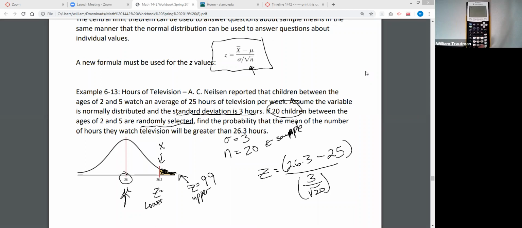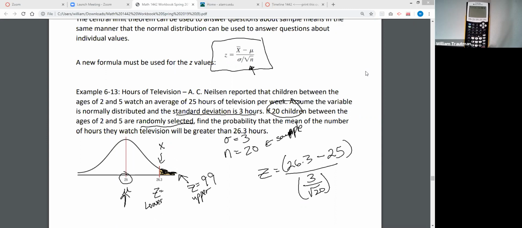We're typing in parentheses 26.3 minus 25, close parentheses, divided by parentheses 3 divided by the square root of 20. I'm going to arrow out to get out of the square root and then hit parentheses. I don't want to put the parentheses inside the square root. I wanted to arrow over and get out of it.